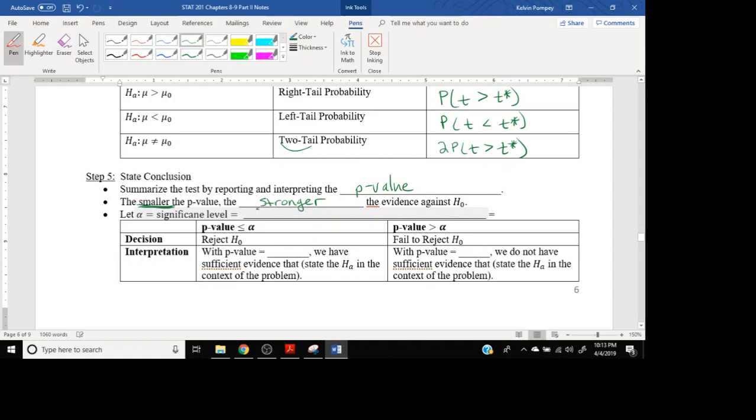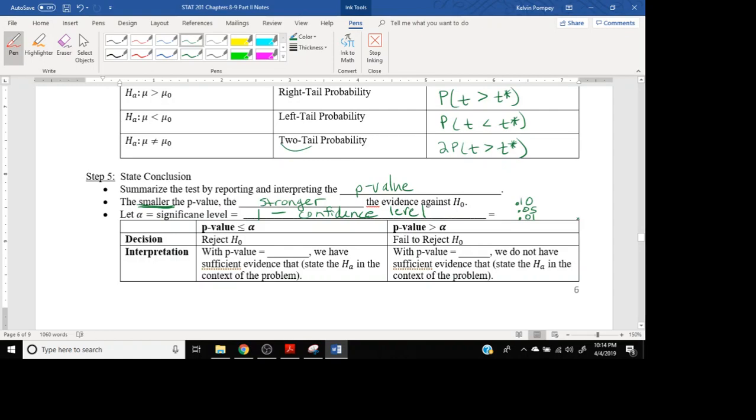Alpha is our significance level, which is 1 minus our confidence level. And remember, when we're 90% confident, that means alpha equals 0.10. When 95% confident, alpha equals 0.05, and it equals 0.01 if we want to be 99% confident, right?